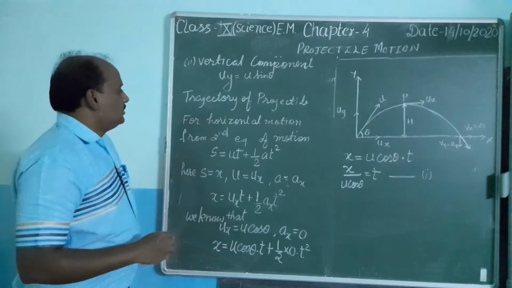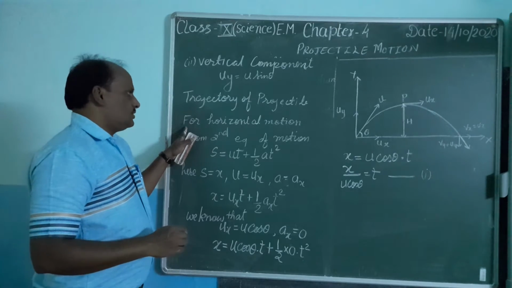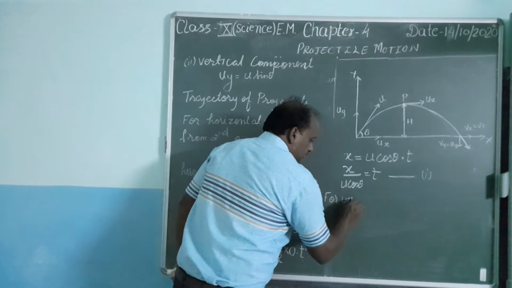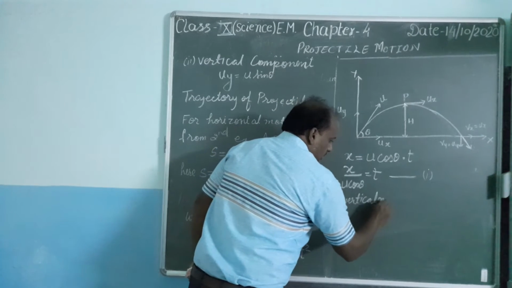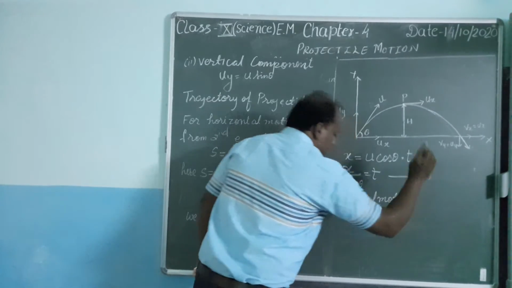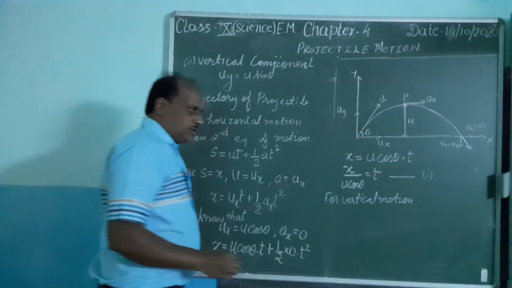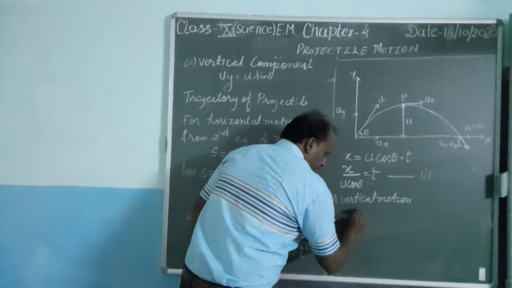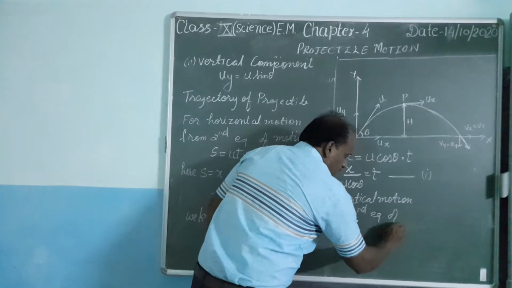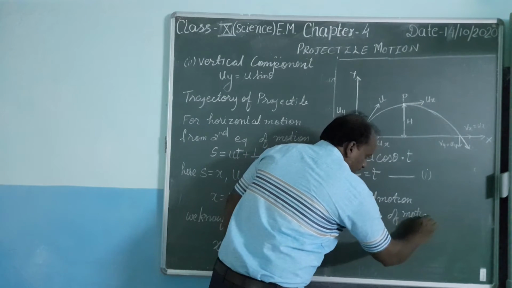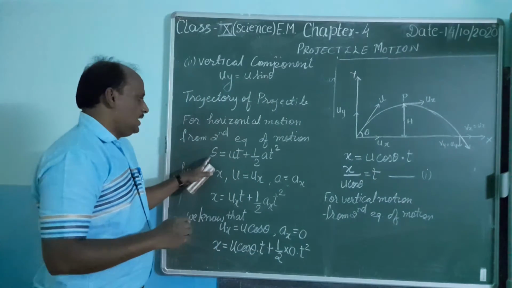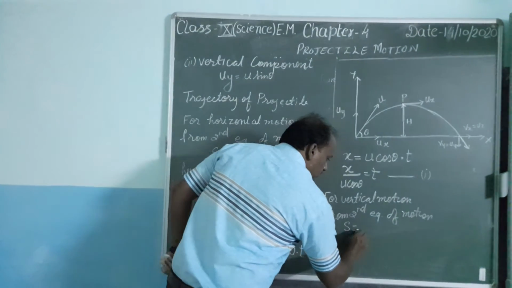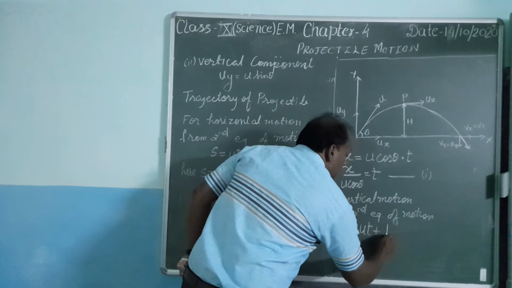Now we'll use vertical motion. For vertical motion, from the second equation of motion, s equals ut plus half at square.